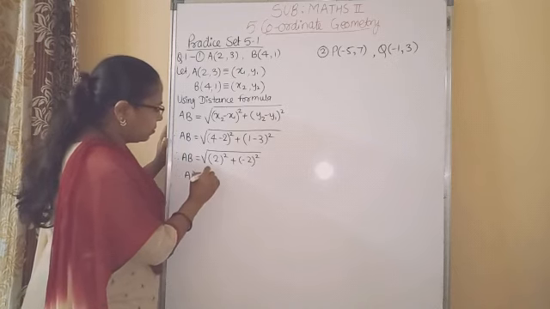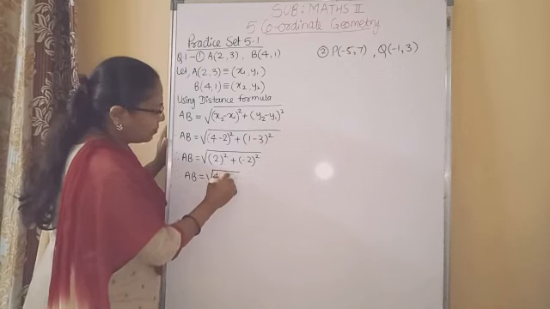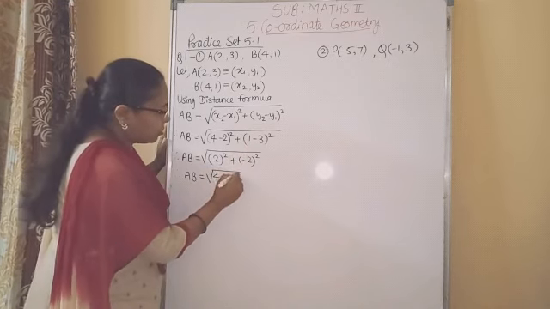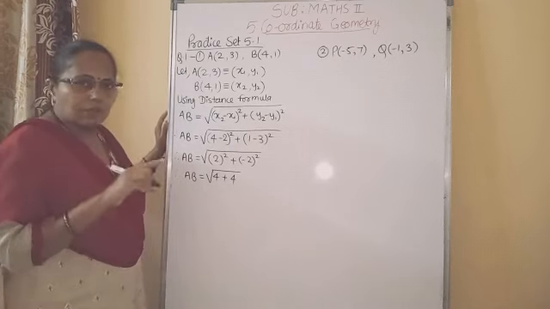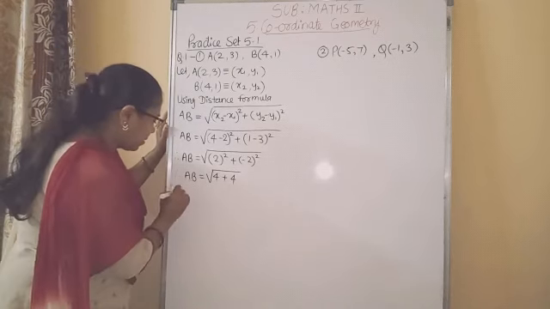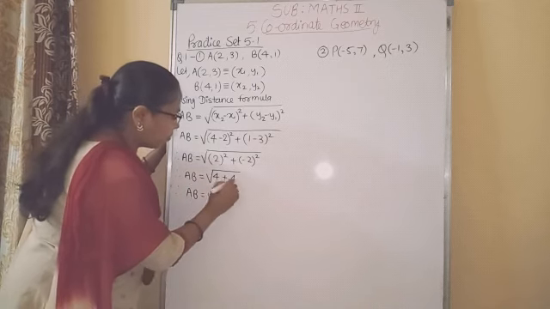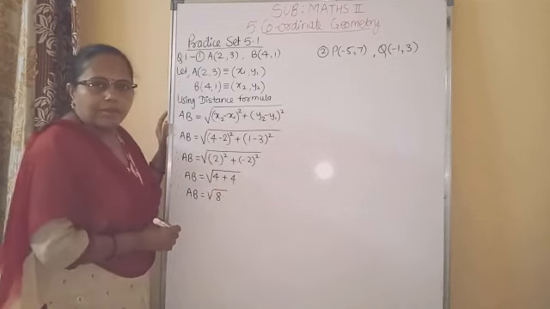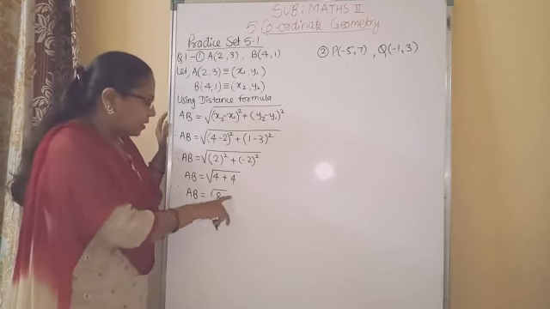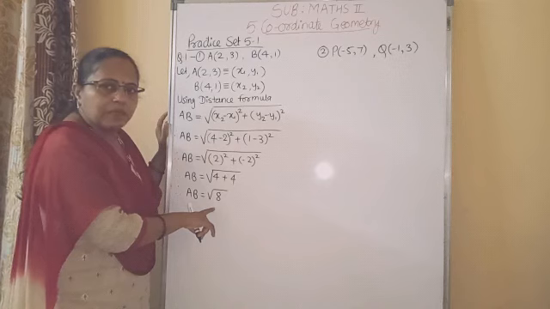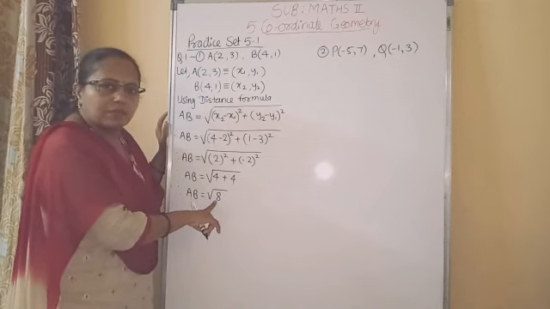AB is equal to 2 square is 4, minus 2 square is also plus 4, because the square of a negative number is a positive number. Therefore, AB is equal to 4 plus 4, 8. Now, if it is possible, we will convert this surd into a mixed surd that we studied last year. One of the factors must be a square number.